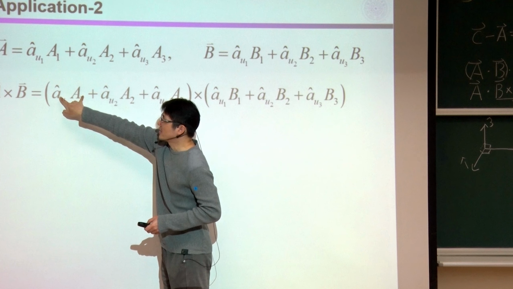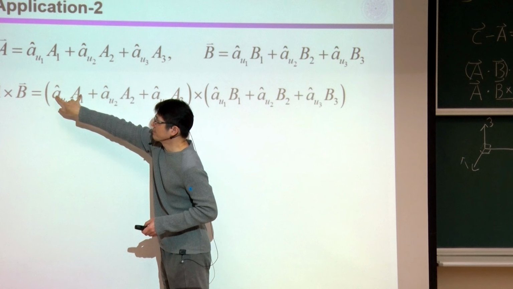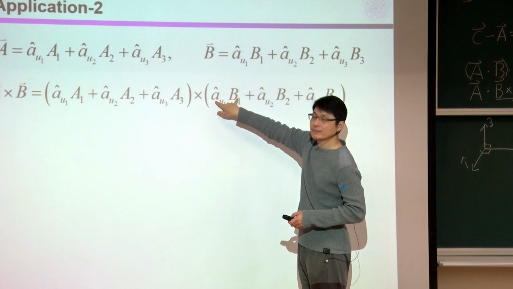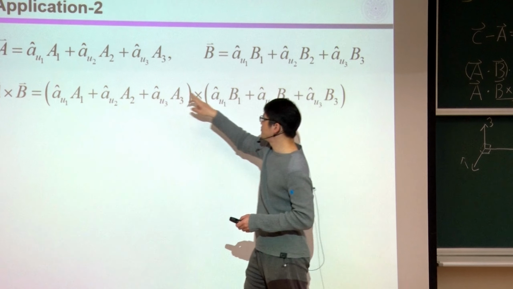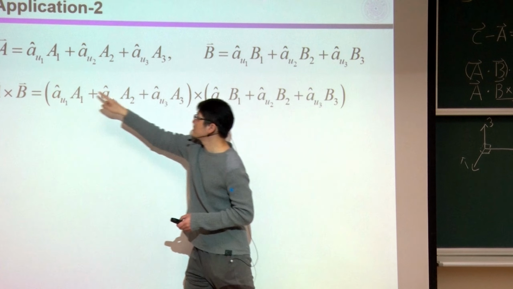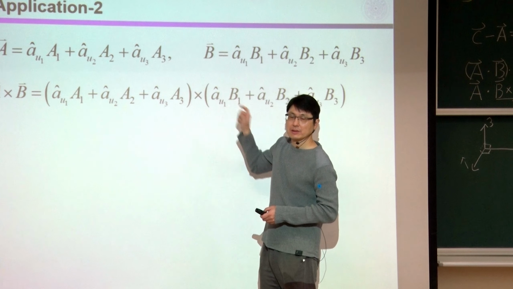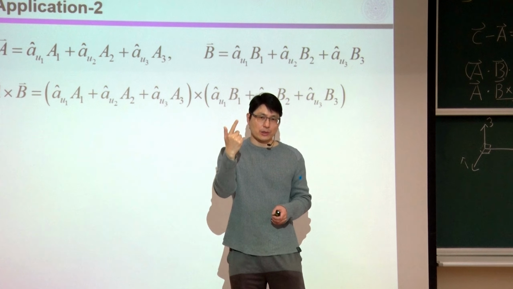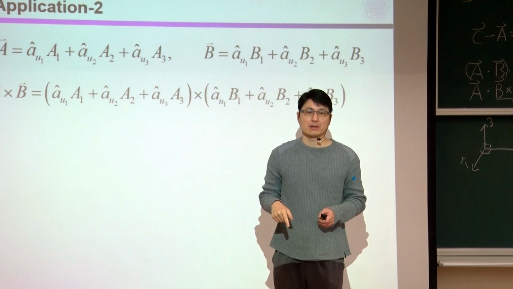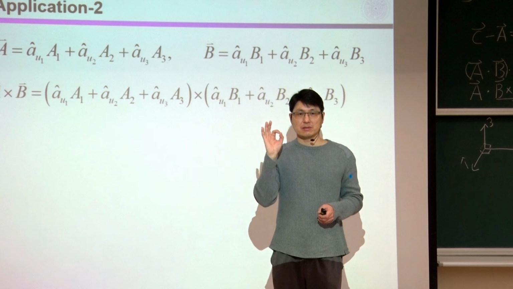For example, let's take a look at the first term. This one cross this one. A1 cross B1. Because the unit vectors are the same, unit vector 1 making a cross product with itself must be 0.